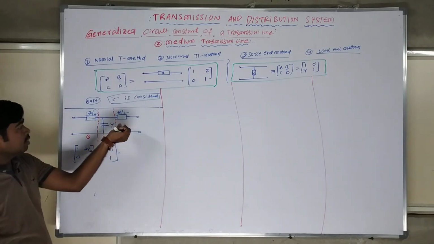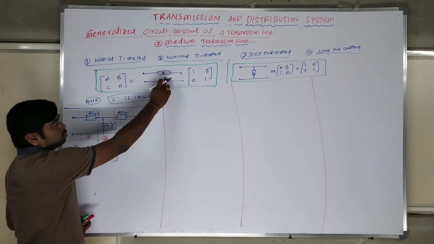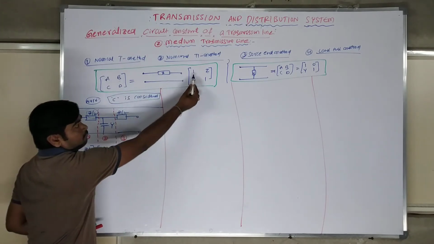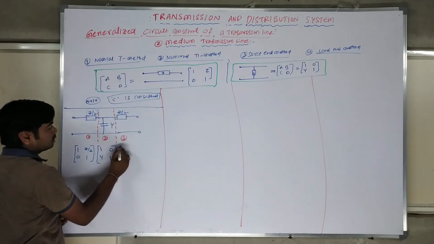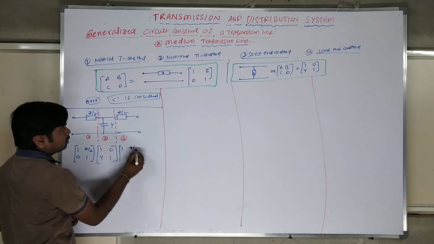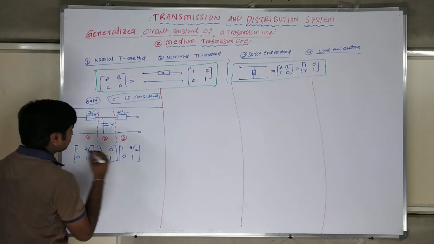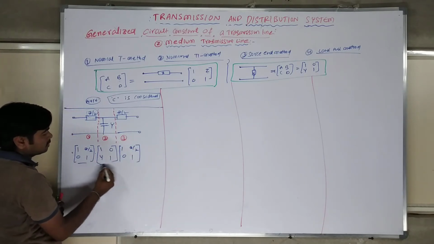The third part is also an impedance model with Z by 2, so we write 1, Z by 2, 0, 1. These are the three matrices.